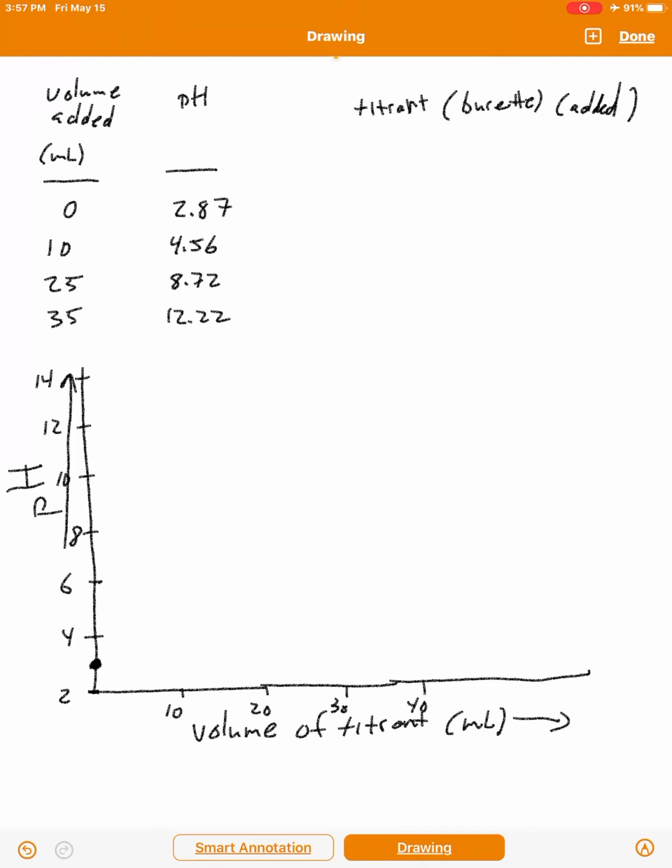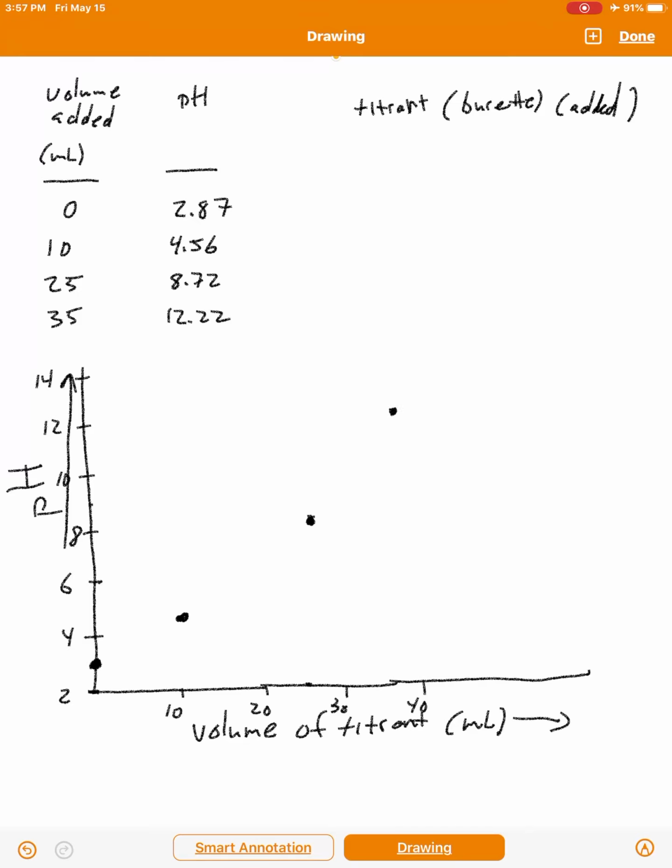Then we added 10 milliliters and it went up to 4.56. So 10 went up to a little above 4. At the equivalence point 8.72, that occurred at 25 milliliters. So there's 25, and then there's 8.72. And then at 35 ml, it went all the way up to 12.22.